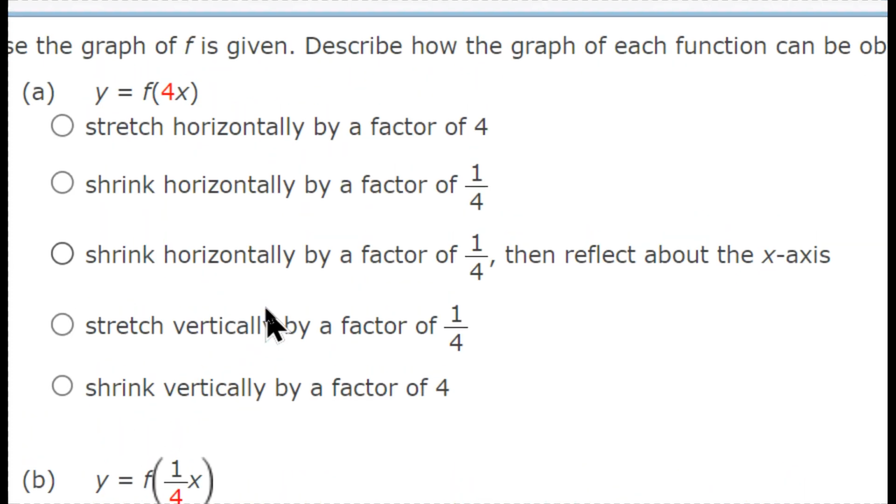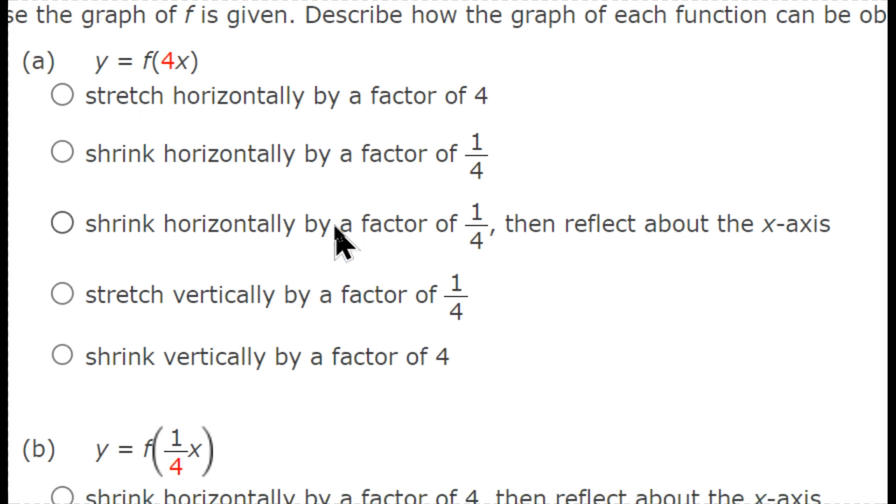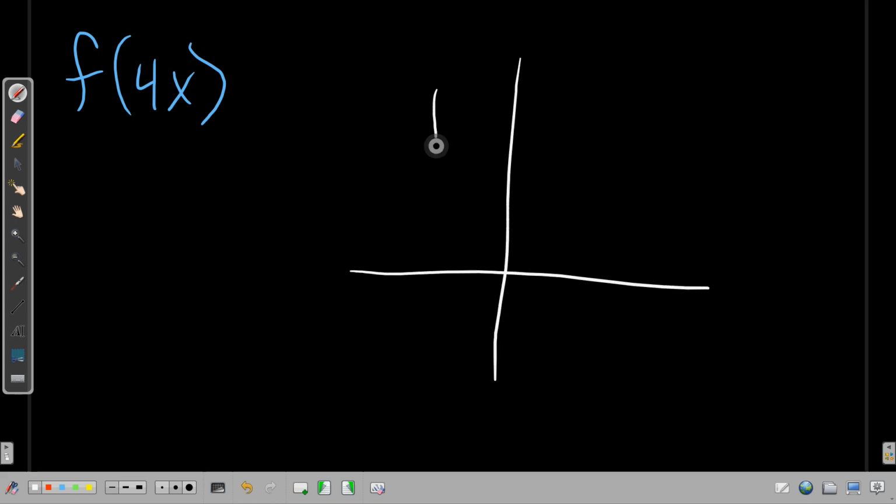All right, now we have y equals f of 4x. The x value is getting modified. Okay. Drawing a picture will help you reason out what's going on. So maybe here's my function, and I'd like to identify some behavior that's going on, let's say at 1.